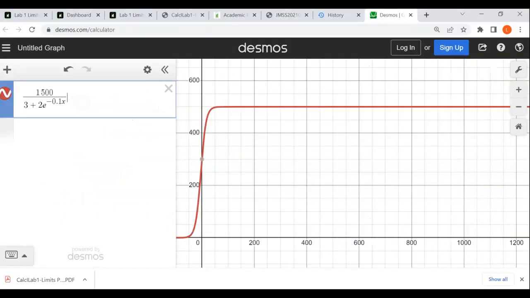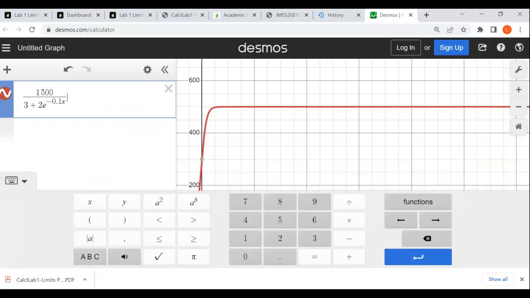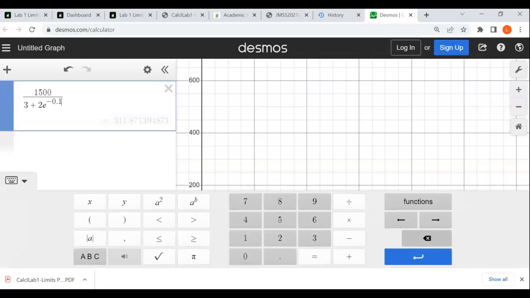How to get that number? You can go to a graph real quick. Right? We have 1,000 parenthesis 1 plus, what was it?